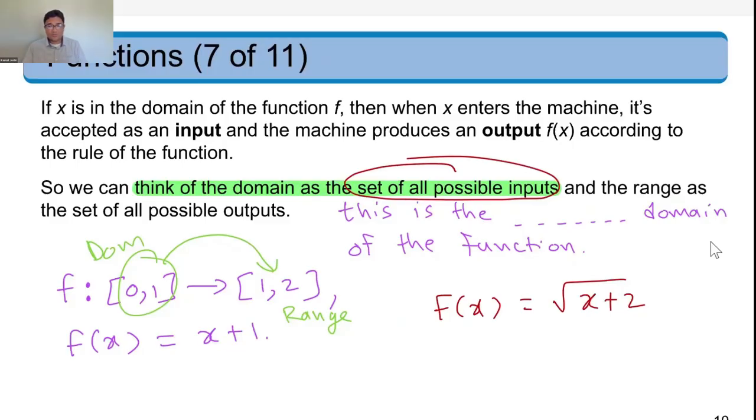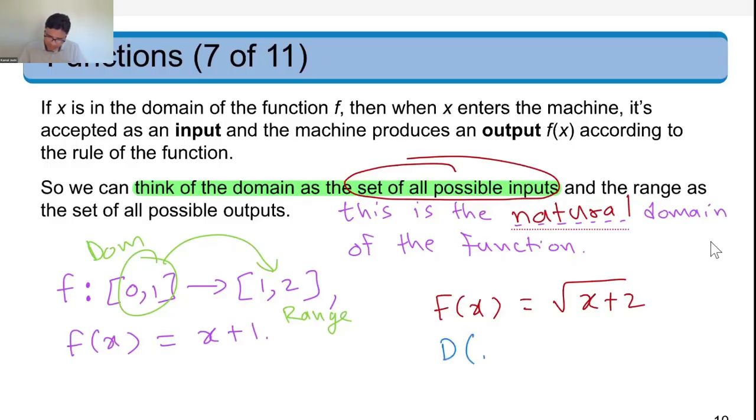And that largest possible set of all possible inputs, when you put them together, is called the natural domain of that function. So the term natural domain refers to the largest possible domain. And finding the domain and range of a function is an exercise in itself. Not getting into details, but quickly I'll tell you here.